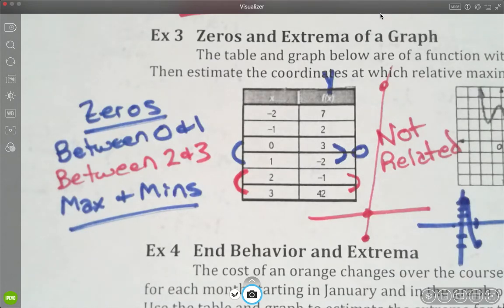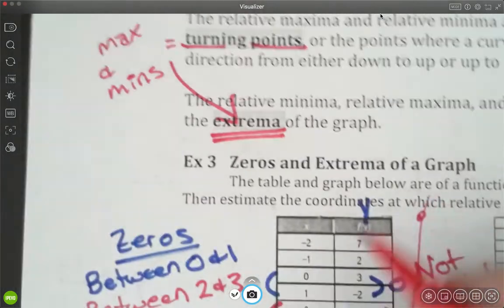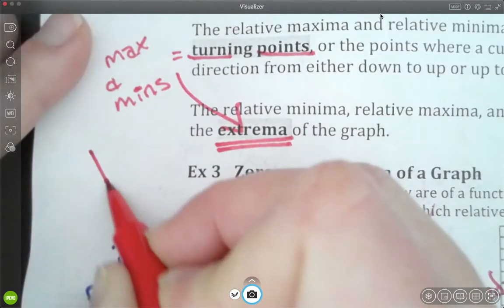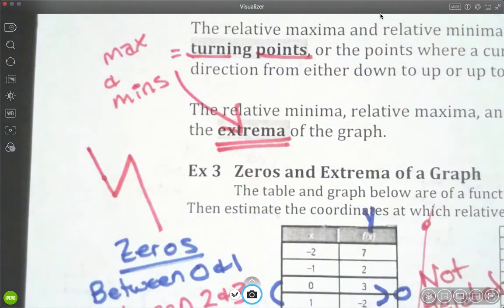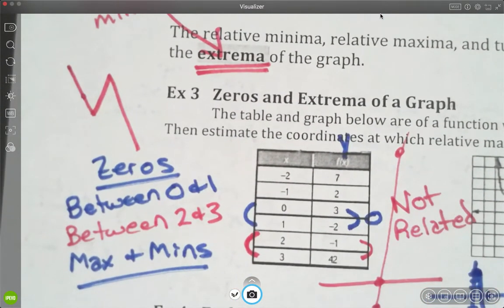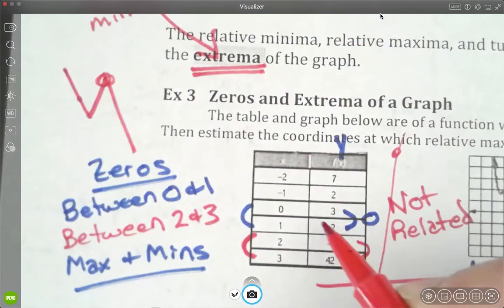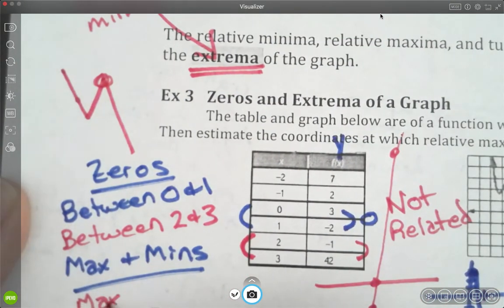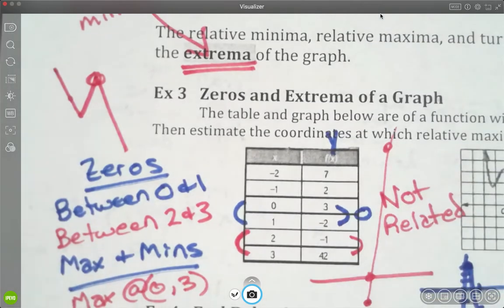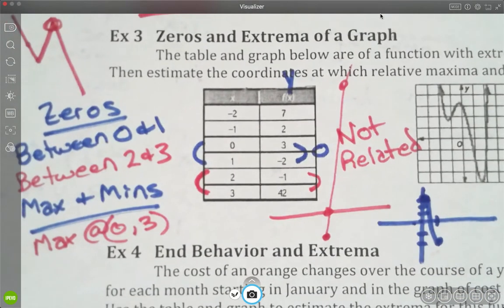So we don't necessarily know that he's a maximum. But if he goes from 7, down to 2, up to 3, and then down to -2, isn't that what it's doing, right? 3 is going to be a maximum. So I might have a max at 0, 3. Does that make sense? I'm going to say I have a maximum at 0, 3.